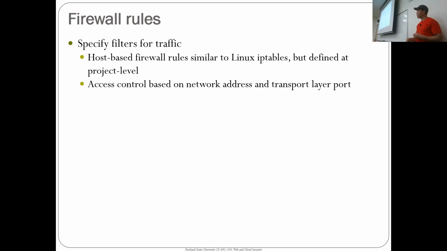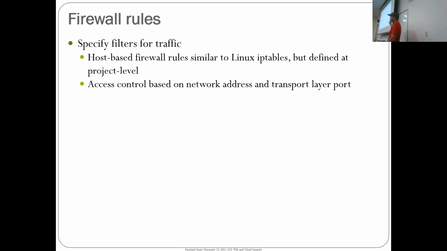The last thing is firewall rules. The idea of firewalls is to filter the traffic going to your server, and it's basically modeled off of Linux IP tables. IP tables is the Linux firewall that is pre-installed on all Linux distributions. So if you wanted to do some port filtering, you could do it with that package.